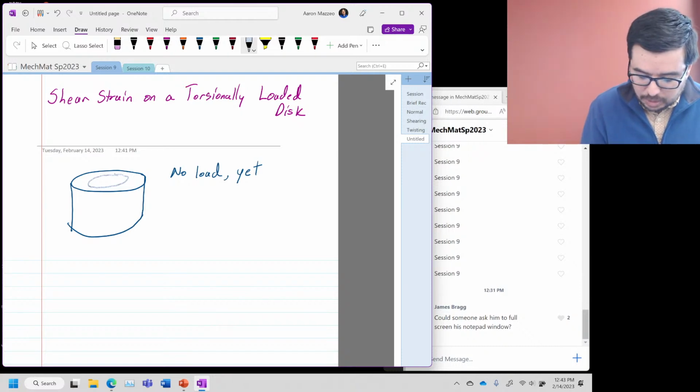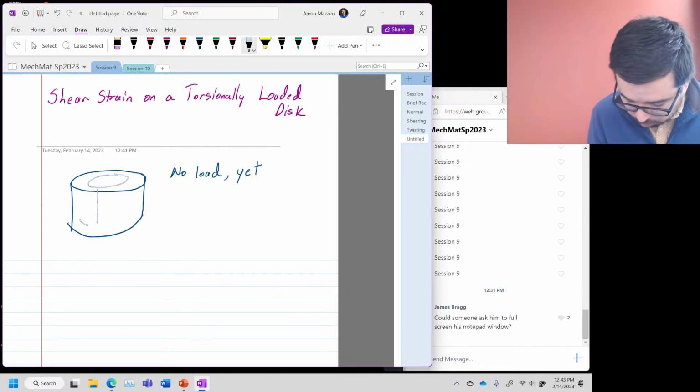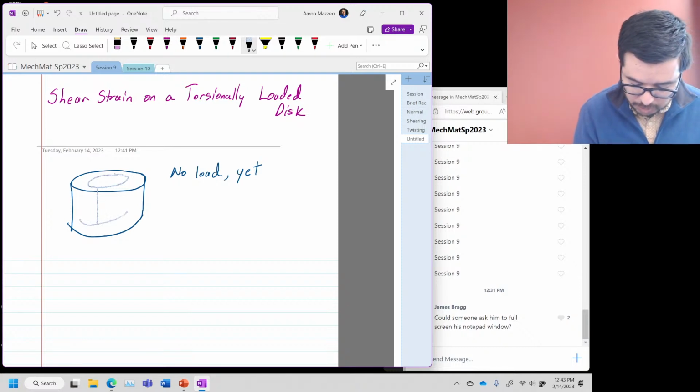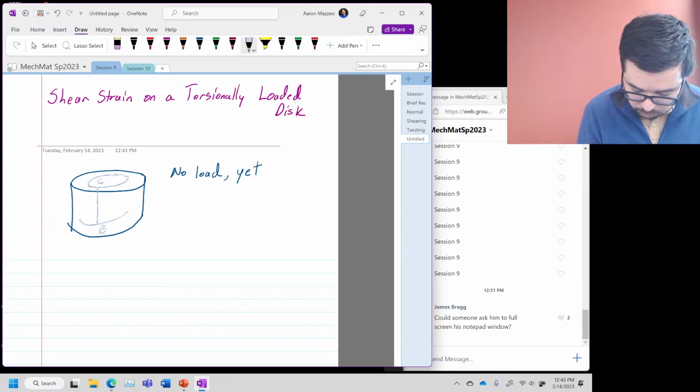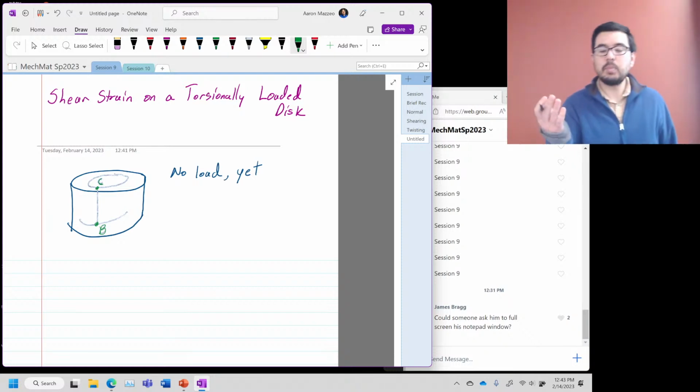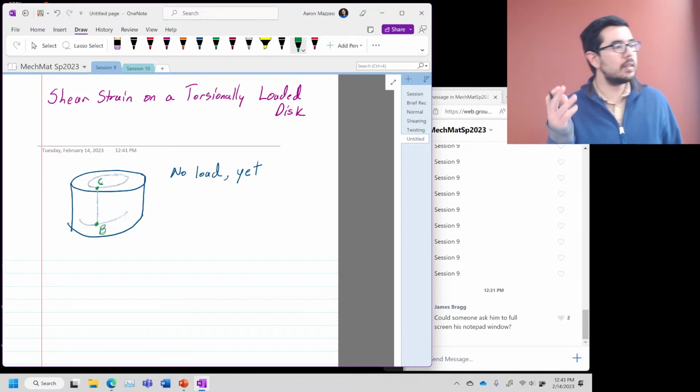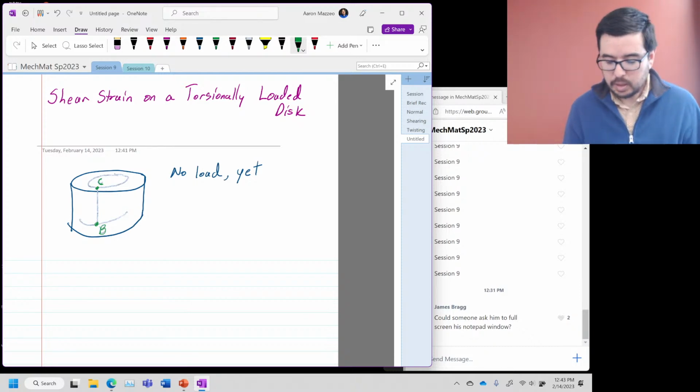And what we'll say is that we have internally something that's doing... So this is B here, and this is C here. B is at the bottom of the pizza, and C is at the top of the pizza. Now there's no load on it yet.